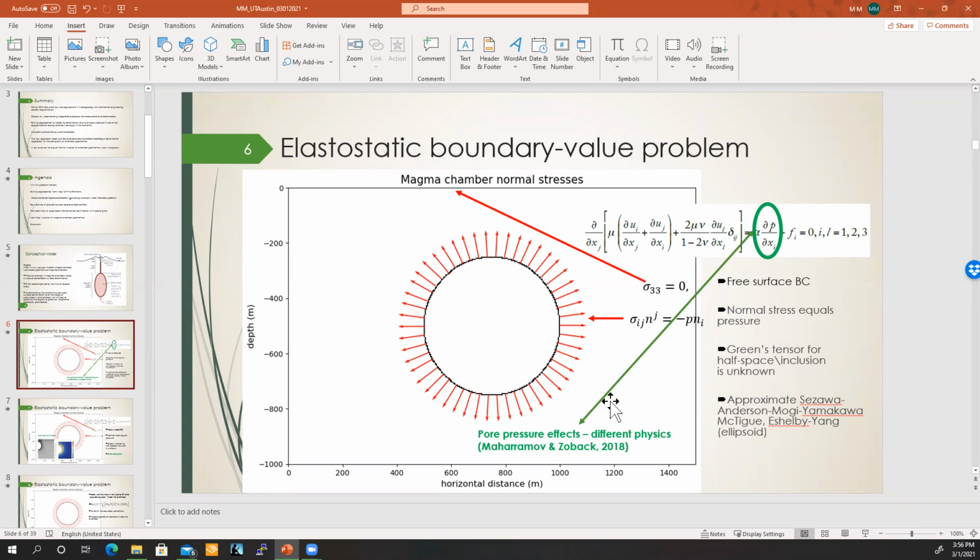Sometimes people use the wrong physics, poroelastostatic models, to describe fluid effects or pressurized chambers. In oil and gas, poroelastostatic and poroelastodynamic models are extremely important.